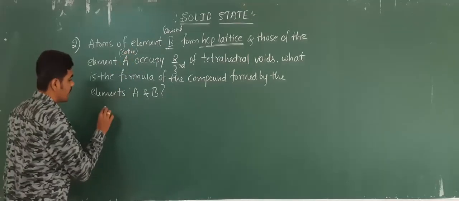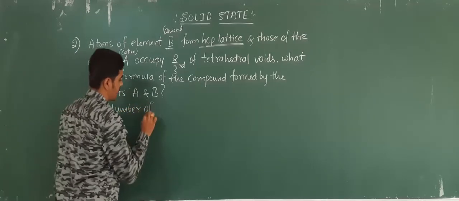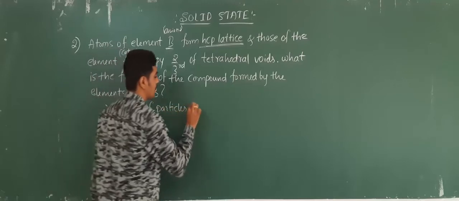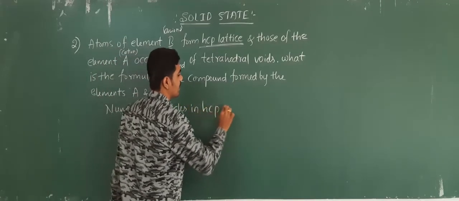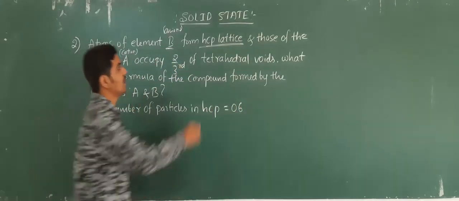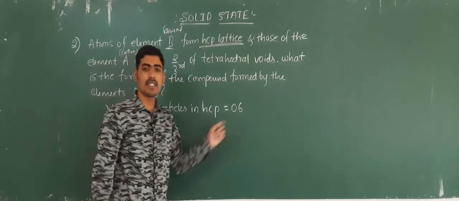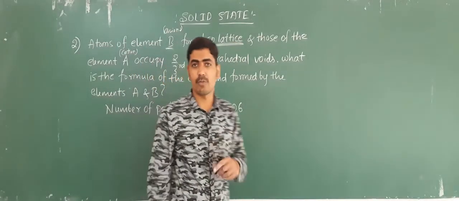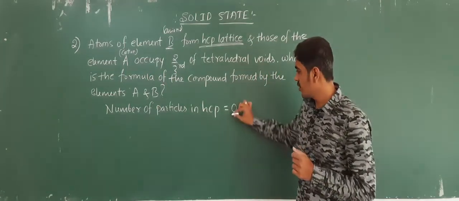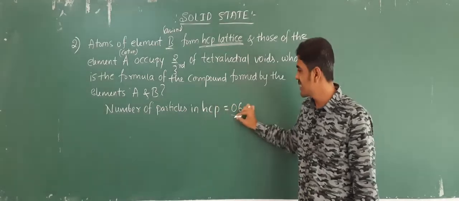Now the number of particles in HCP is equal to how much? 6. So remember, in HCP lattice the number of particles is 6. Since we have not discussed this in theory class, just remember the number, that is 6.